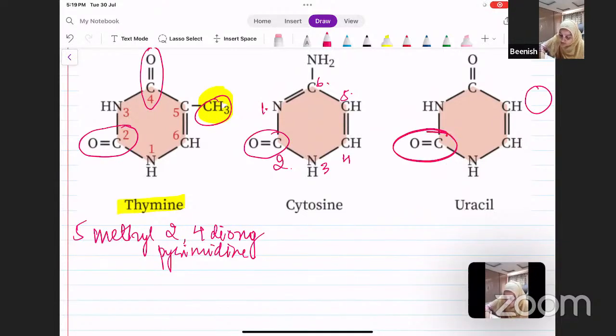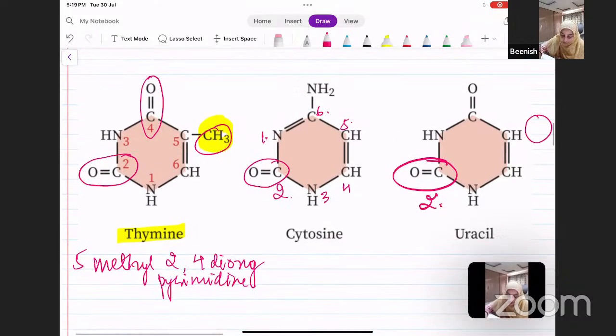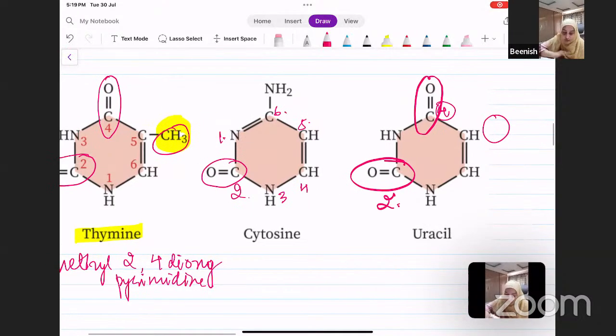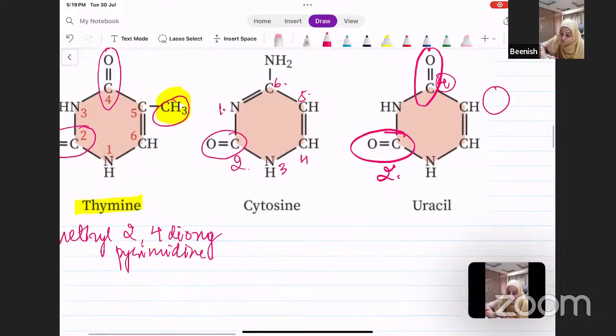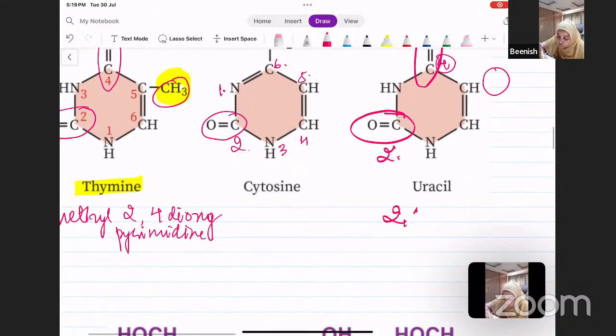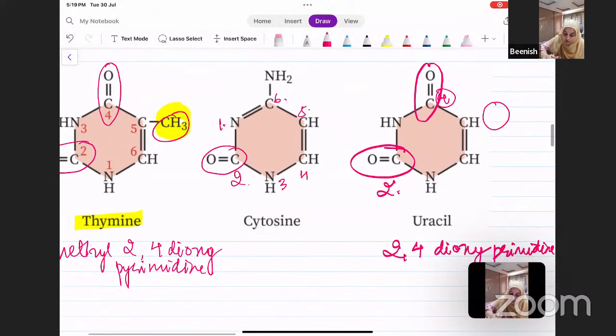Otherwise, there is C double bond O at the second carbon, and at the fourth carbon there is C double bond O. Your uracil and thymine are almost similar in structure, except that uracil does not have a methyl. So your uracil is 2,4-dioxypyrimidine.